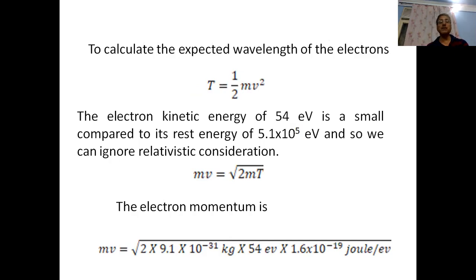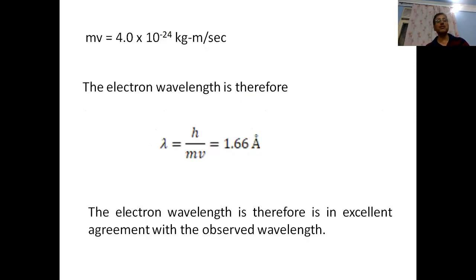So the momentum comes out to be mv is equal to the square root of 2 m T. If we put all the values over here, it will be 2 into 9.1 into 10 to the power of minus 31 kg into 54 electron volt into 1.6 into 10 to the power of minus 19 joule per electron volt. On calculation, this comes out to be mv is equal to 4 into 10 to the power of minus 24 kg meter per second.